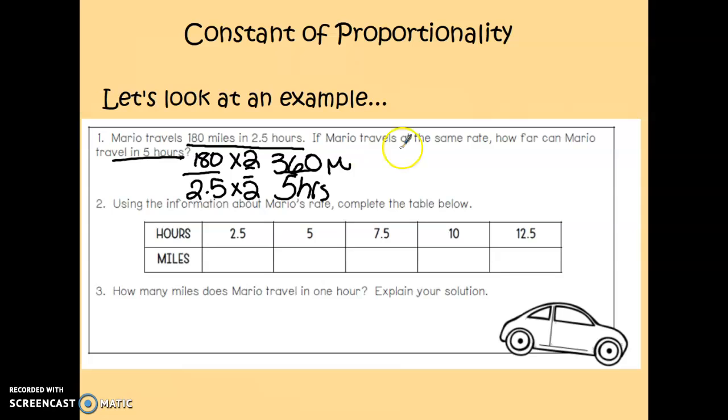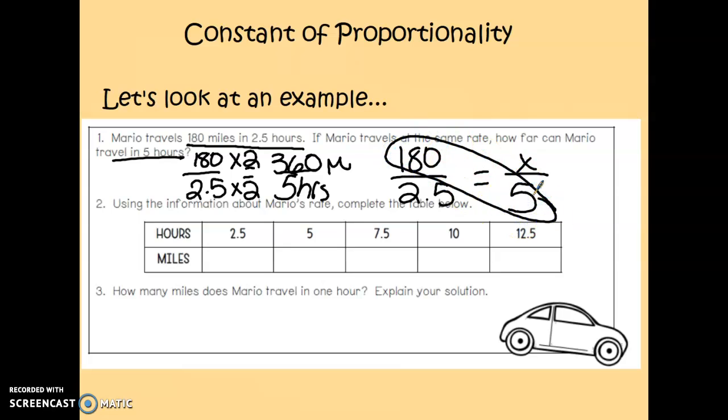Now, if I have this same problem, set up the same way, sometimes we don't easily see that we can multiply the denominator times something to get the second denominator. If I don't see that, and I'm trying to find out what this top number is, I can use cross multiplication and division to solve it. What that means is I'm going to multiply the two numbers that are across from each other, so 180 times 5. And then the other number, the one that's not included in that cross, I'm going to divide by.